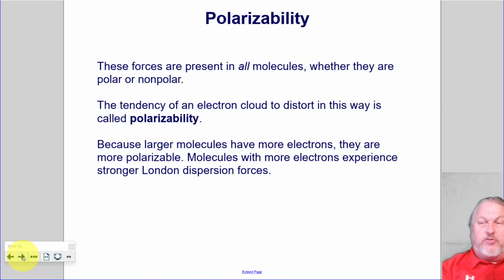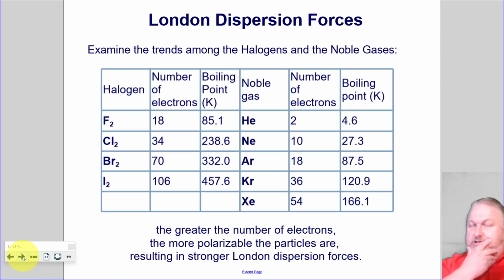And because those are going to be the larger molecules, they become more polarizable. Molecules with more electrons experience stronger LDFs. It sort of makes sense if you stop and think about it. So now we can use what we know about LDFs to understand what's going on with boiling point.